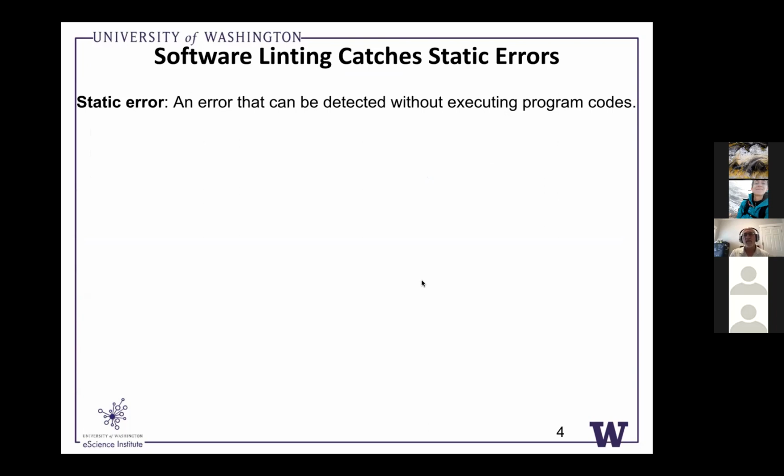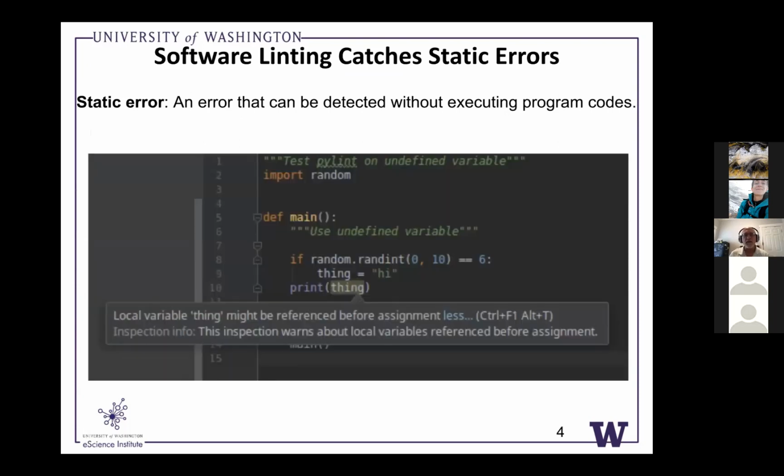I mentioned before, a static error is something that you can detect without actually running the code. And so in software, one example of this is if you have a path in your code where a variable is undefined. So for example, in this particular statement right here, there's a test up here checking for some random number, wants to do something a certain fraction of the time, and an assignment is made.